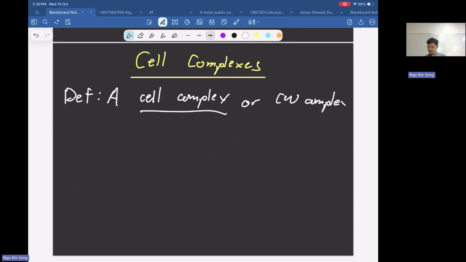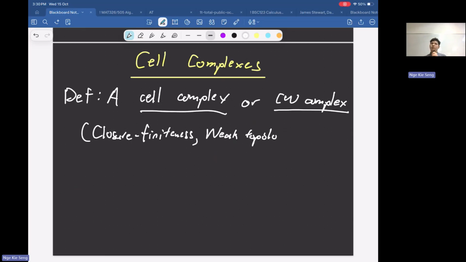CW is an abbreviation for two properties. The first property is called closure finiteness. Later we will touch a little on this property. The other one, which I won't touch, you can see in the lecture appendix, is called the weak topology. There's a topology you can put on the CW complex to make it a topological space, which we call the weak topology.